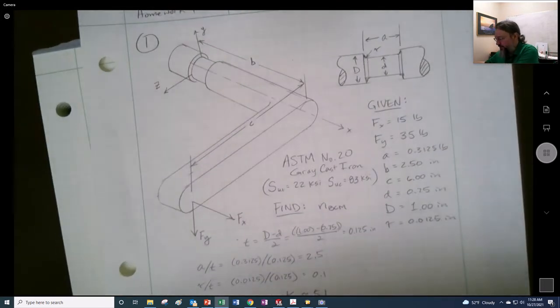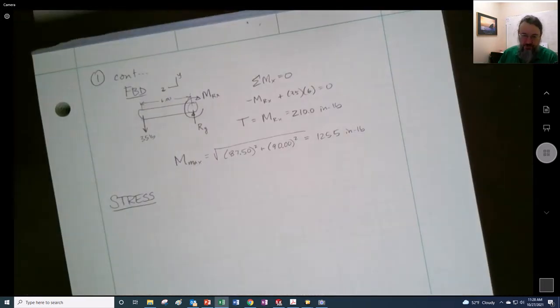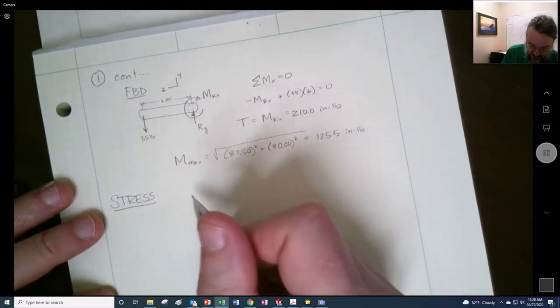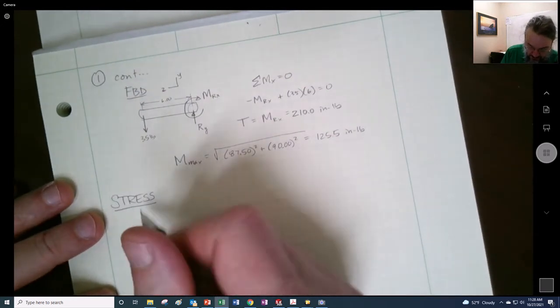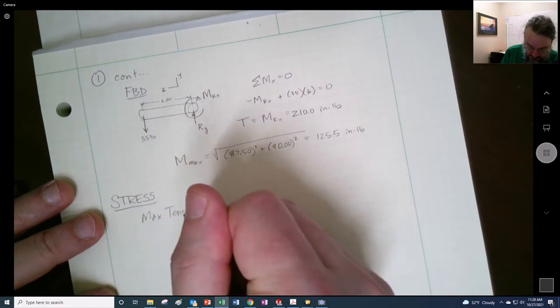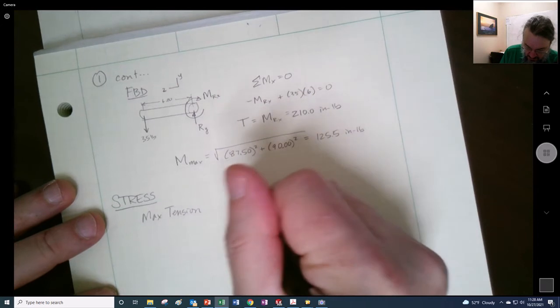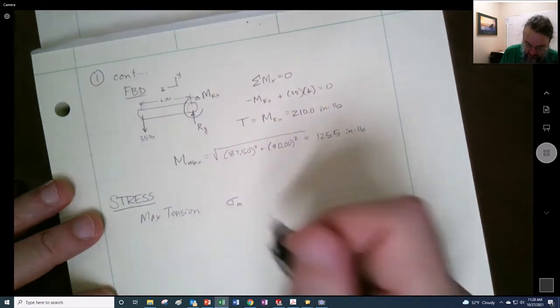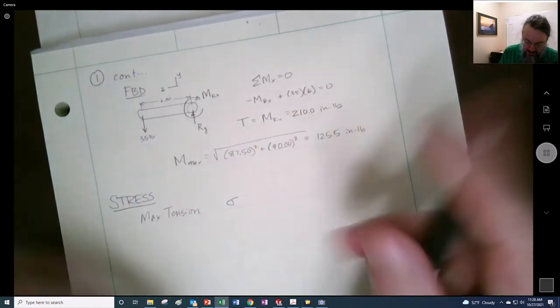So we need to do this thing with those equations. Need to do it twice. So let me write this out. Max tension is going to be this one.